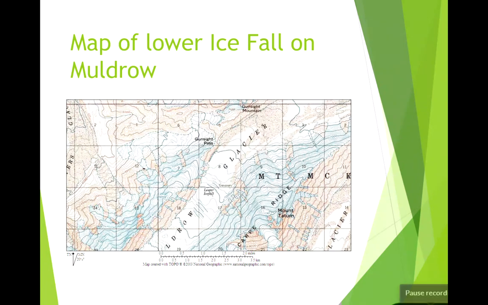So I've got a map here of the lower ice fall on the Muldrow Glacier, and you can see on this map the ice fall is labeled, and you can see that there's a significant amount of crevassing.